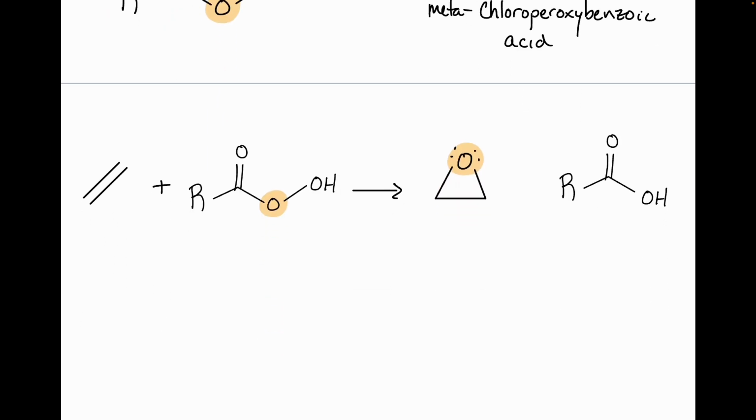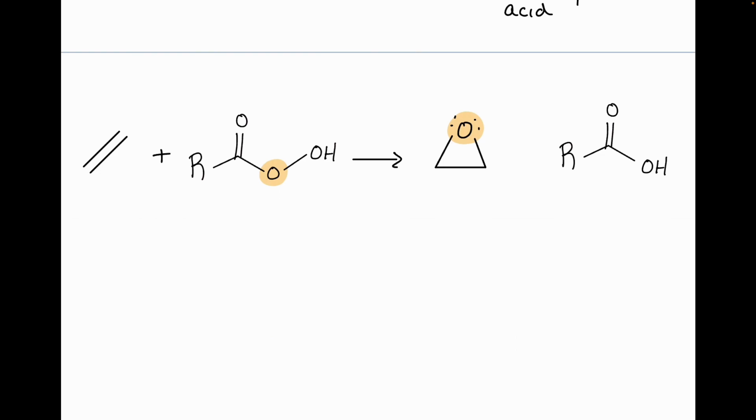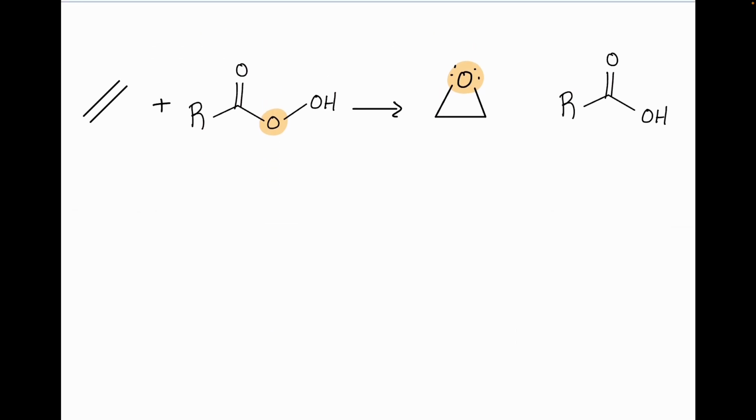So for example, we wouldn't draw out the structure explicitly, you could, but for example, if I gave you an alkene and I said treat this thing with MCPBA. All right, everybody take a second and draw me the product here.